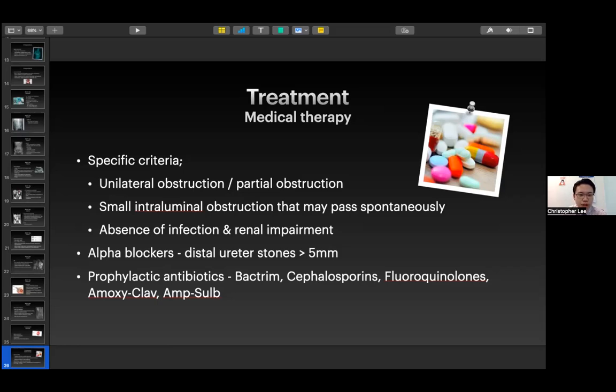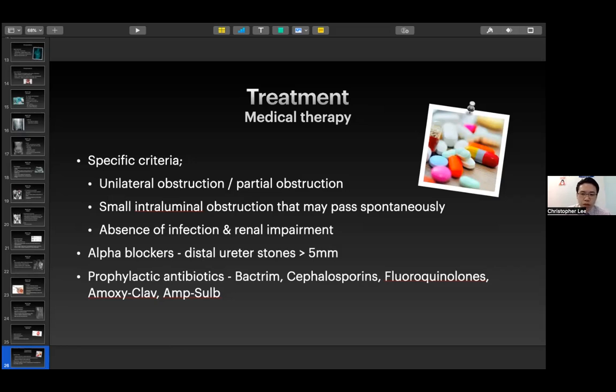Now, all of these criteria must exist at the same time to allow you to try medical therapy. If you do not meet these criteria, then it is dangerous to attempt medical therapy. You should consider surgical therapy.